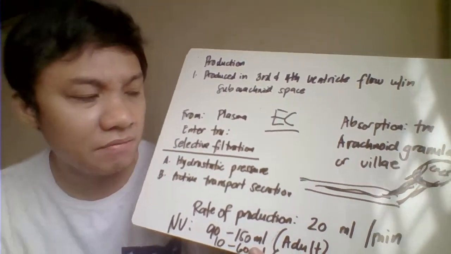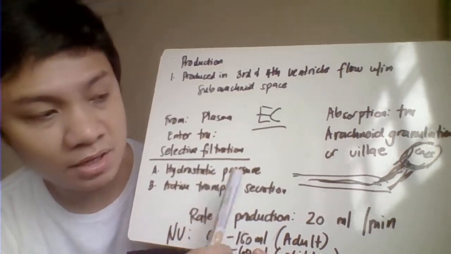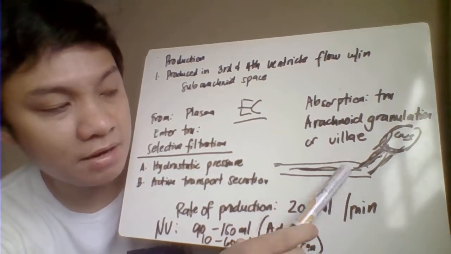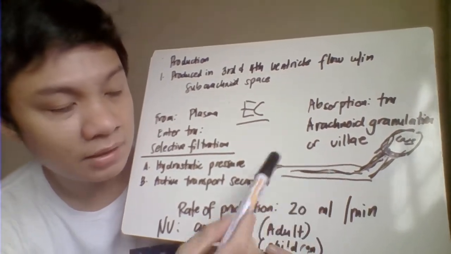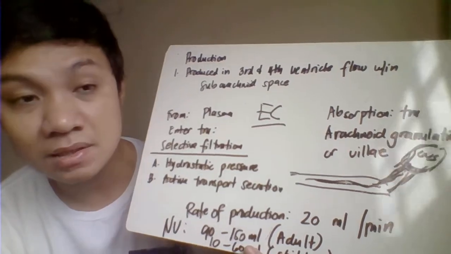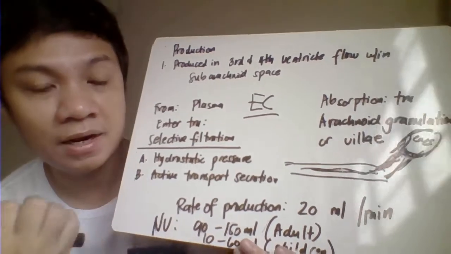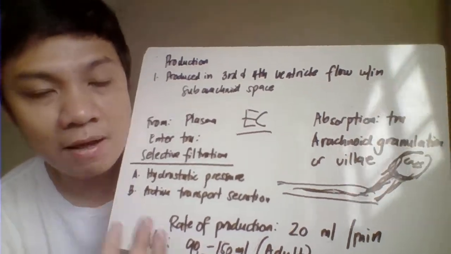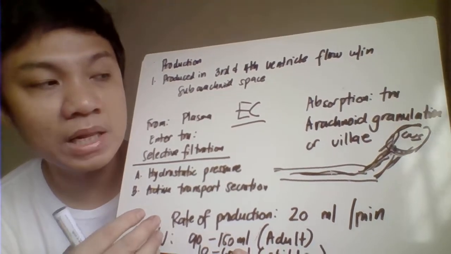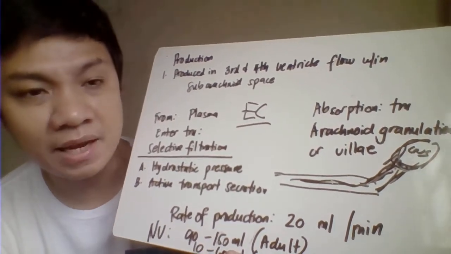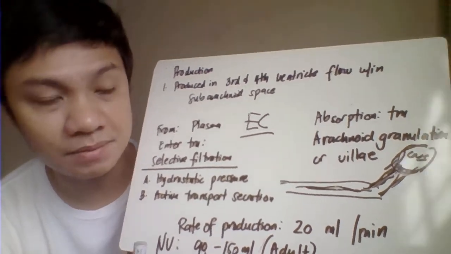With selective filtration, again, our plasma has substances like your medications and your WBC, which supposedly should not go to your CNS because they are harmful substances.